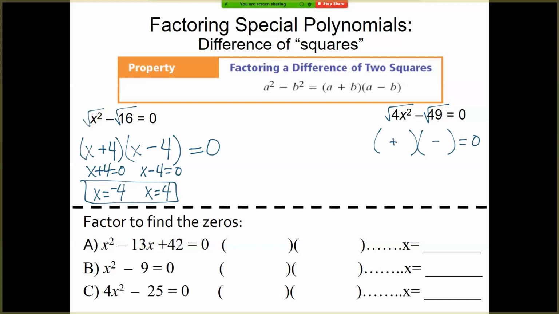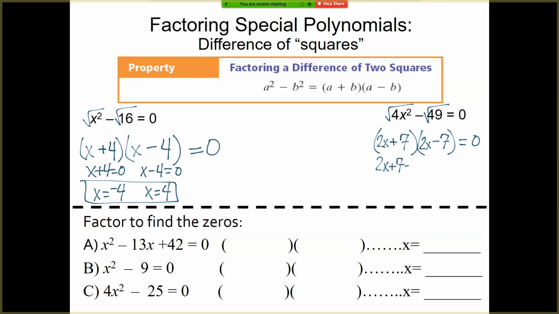So for this, 4x squared is a perfect square because 2x times 2x is 4x squared. 49 is a perfect square because 7 times 7 is 49. So that gives me factors 2x plus 7 and 2x minus 7.